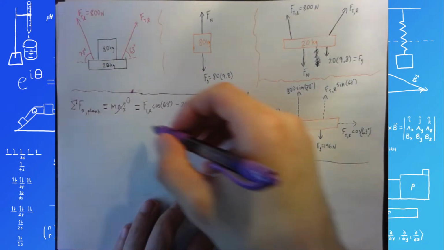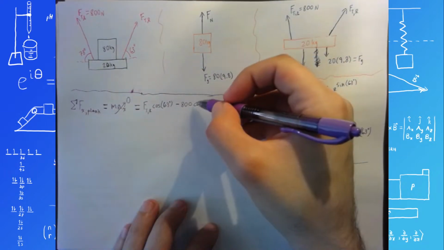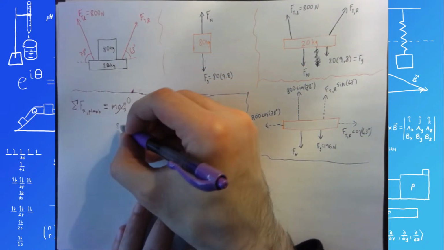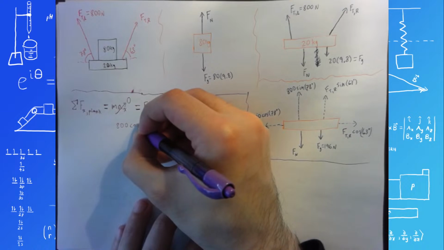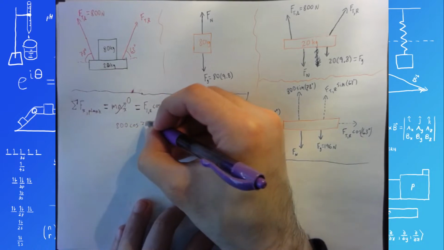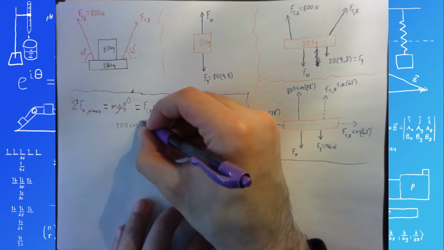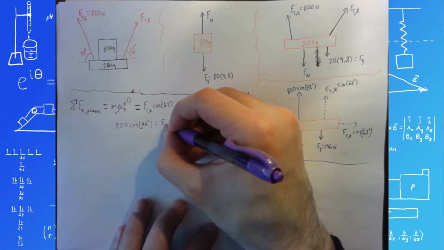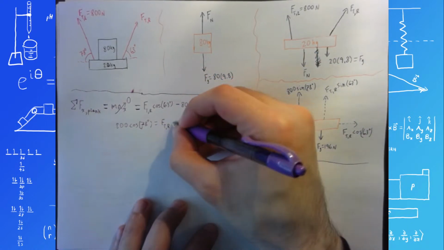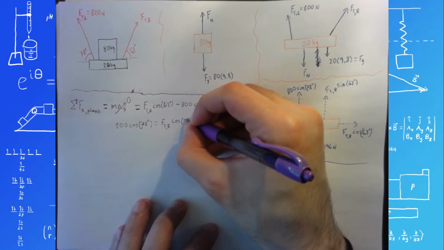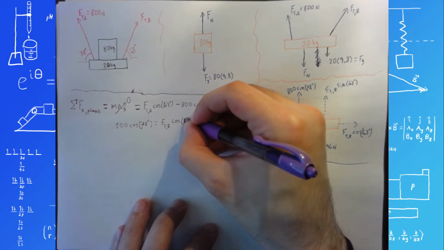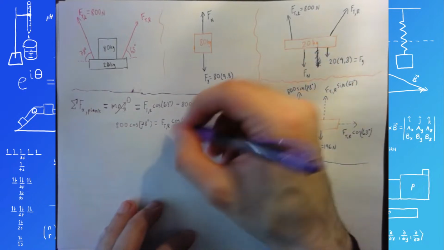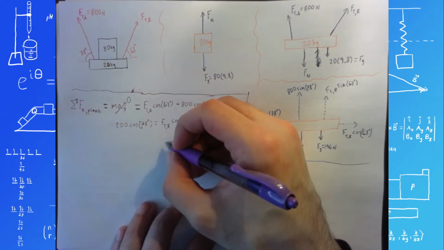Okay, so this is supposed to be equal to 0, so if I add 800 cosine of 78 to both sides, I get 800 cosine of 78 degrees is equal to force of tension right times cosine of 63 degrees, whoops, 63, not 36. Divide by cosine of 63 and you've got your force of tension right.